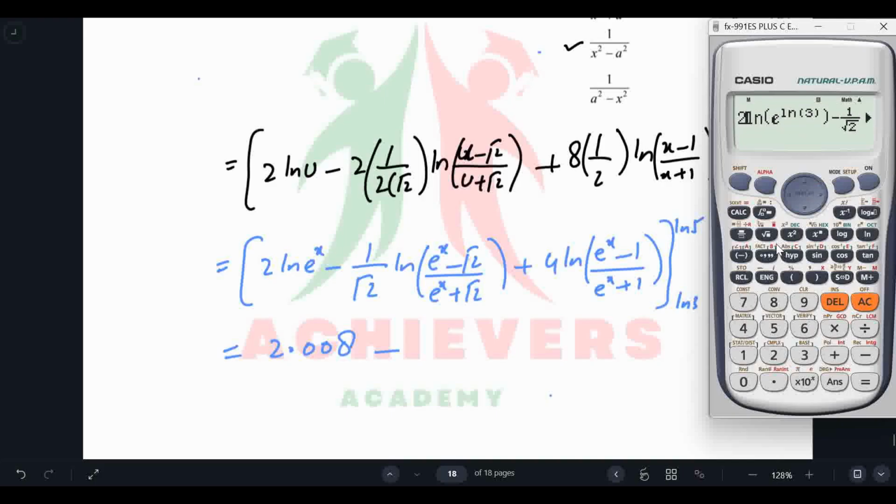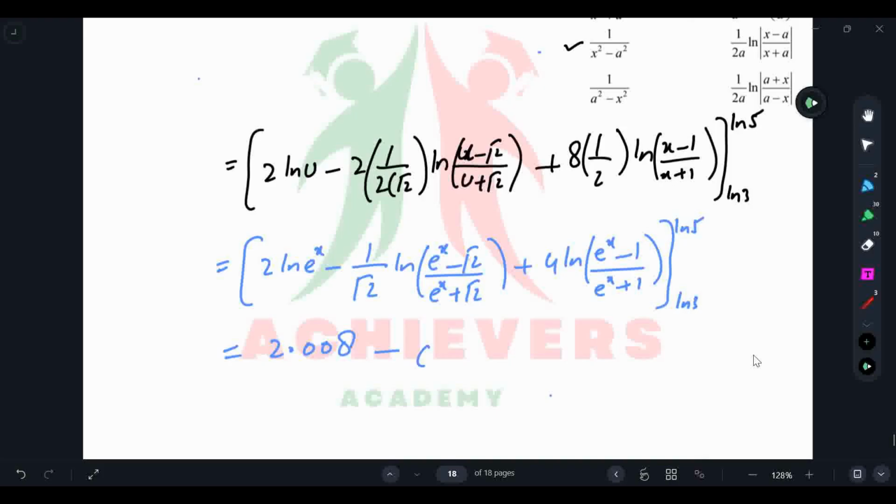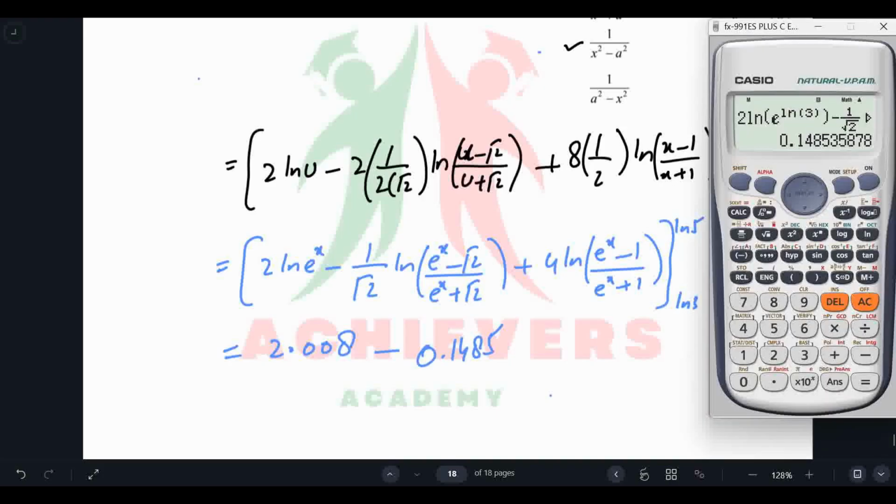Then the answer will be minus 0.1485. Now we need to subtract it, so 2.008 minus the answer, this will be equal to 1.8594.